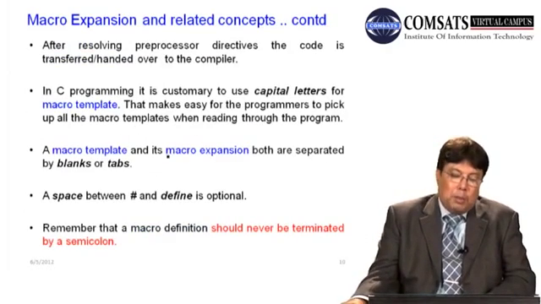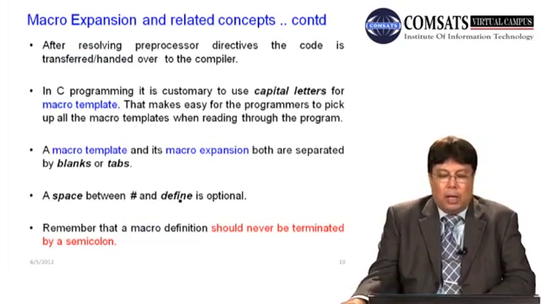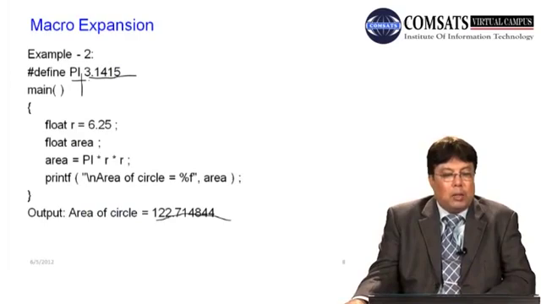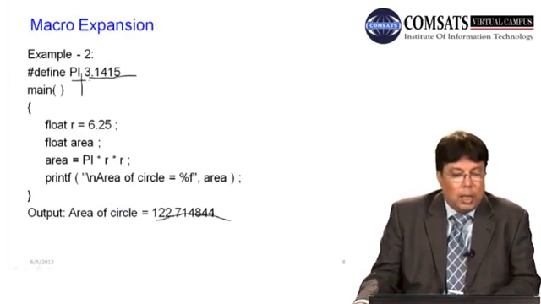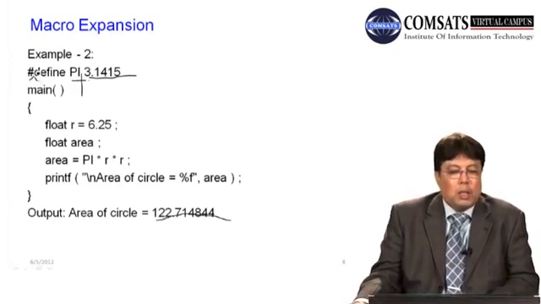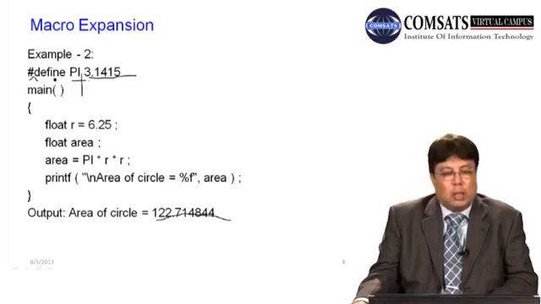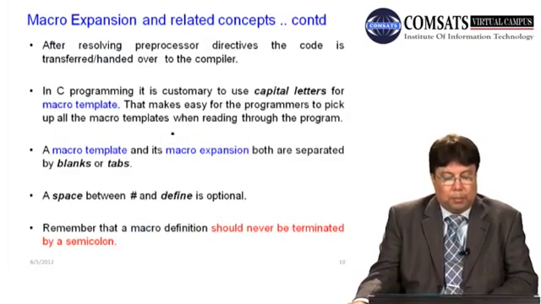Similarly, the space between hash and the define keyword is optional. That is, for the word define used here, the space is optional. You can use a space or you may not use a space. Okay, let's go back.